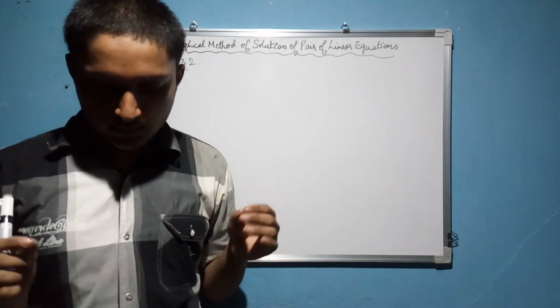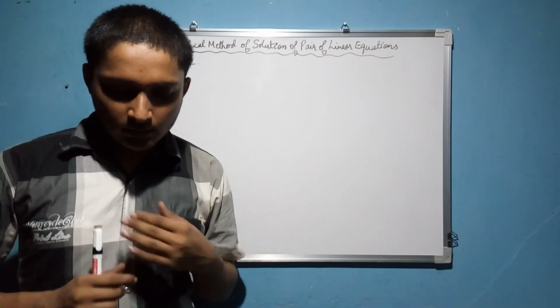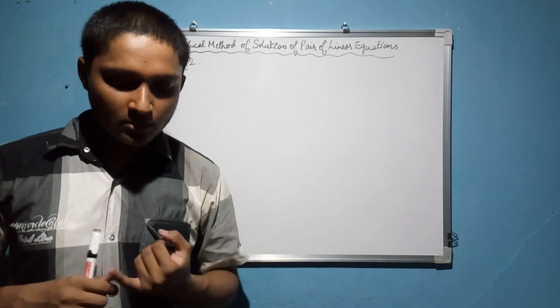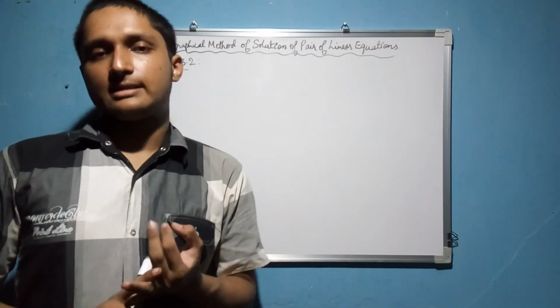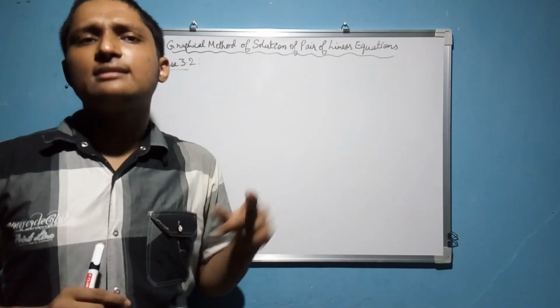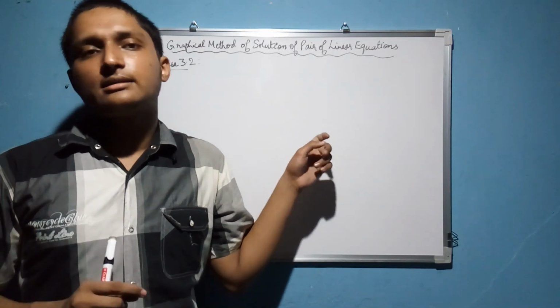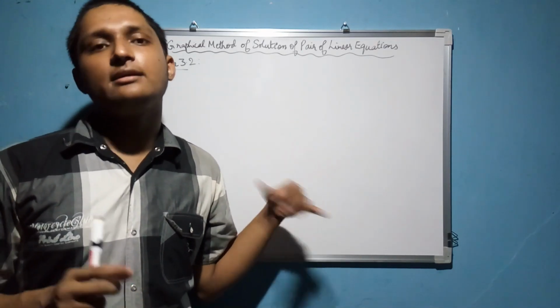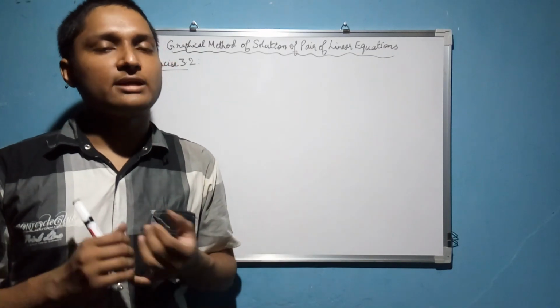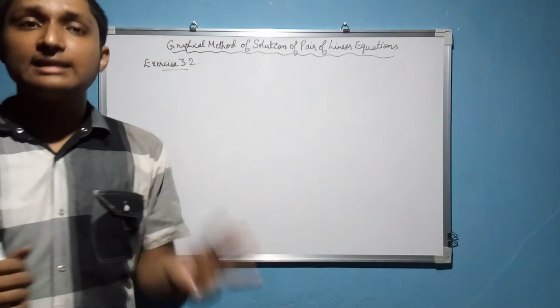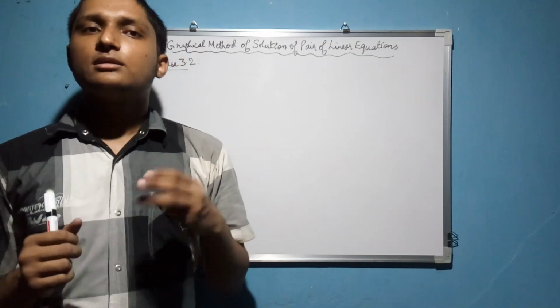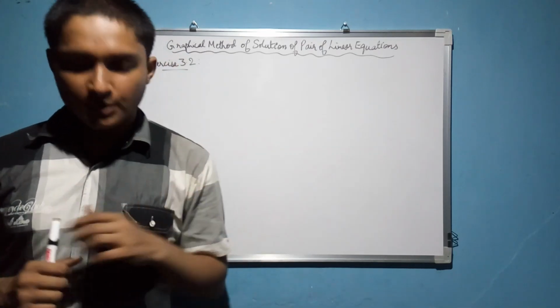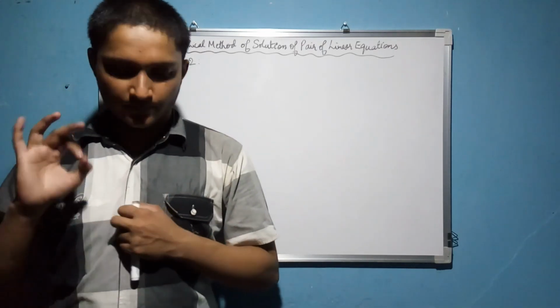Now you have the third question. Again you are comparing, and you have to tell whether it is consistent or inconsistent. It is going to be consistent if it is in the first or the second case, that is intersecting or coincident. If it is parallel, it is going to be inconsistent. So directly, those three cases are very important, and you are going to apply them to this third question also.